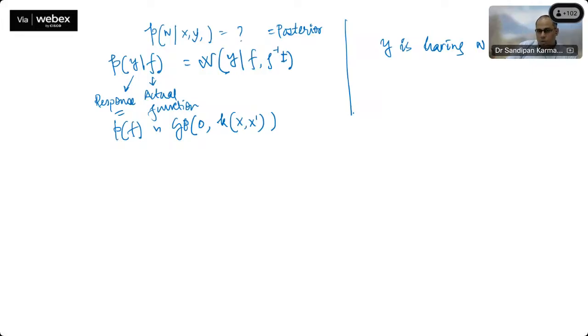Whenever a new data point comes, suppose y star and x star is a new data point, so x star is the new row, it is used to calculate its distance from all other data points. So you are just adding a new value in the covariance matrix.